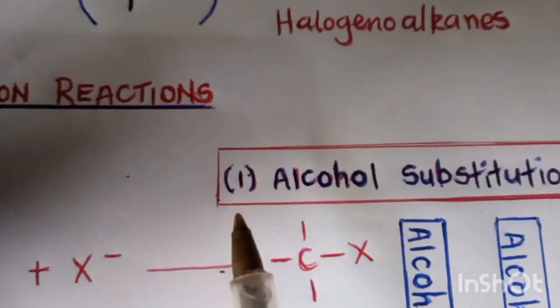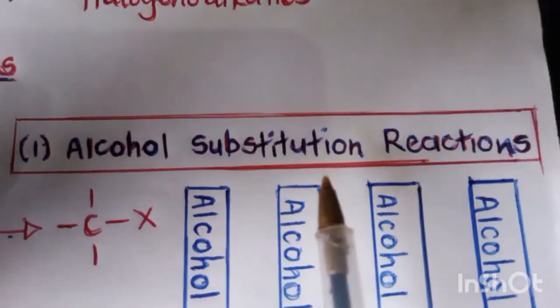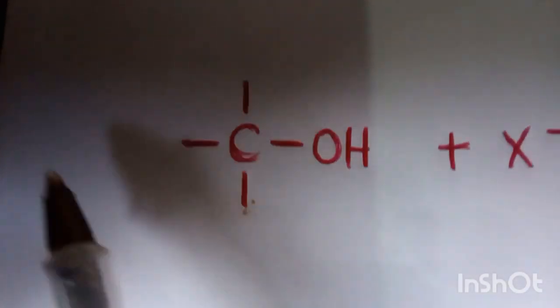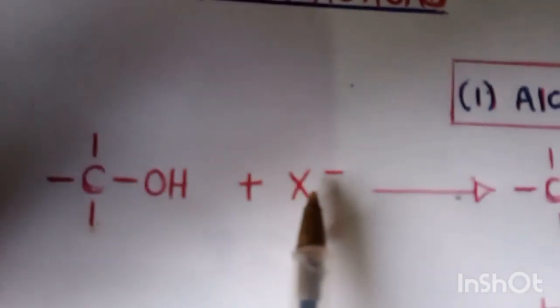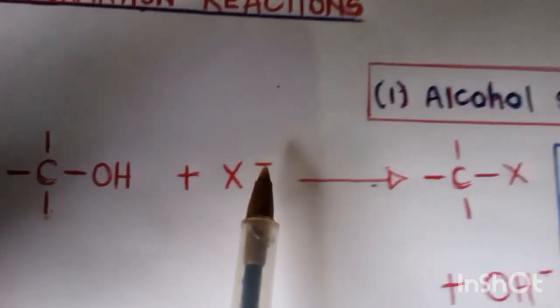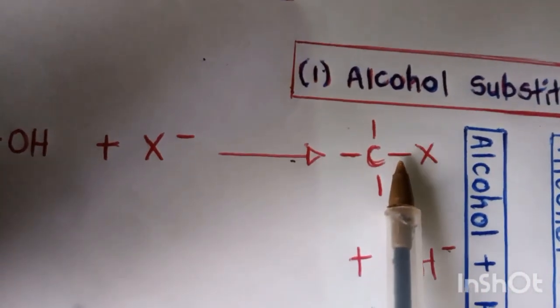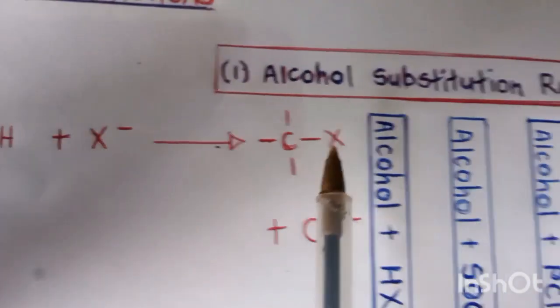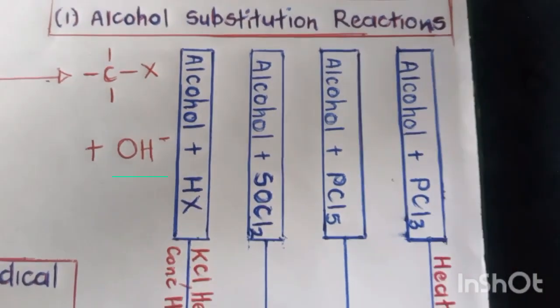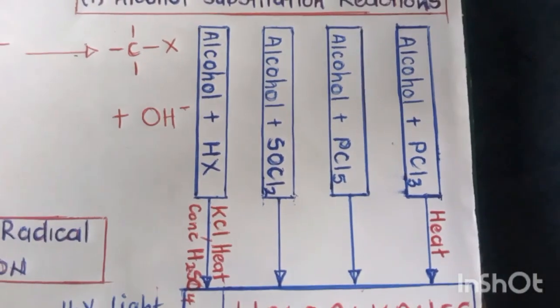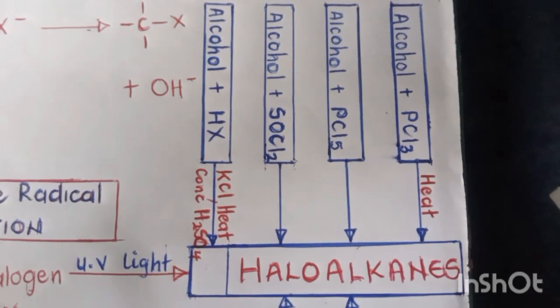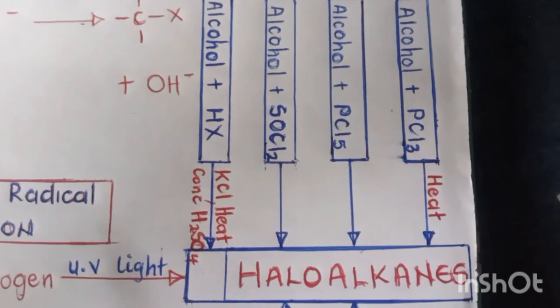In these alcohol substitution reactions, the OH group, known as the hydroxyl group, which is the functional group of alcohols, is replaced or substituted by a halogen atom to then give a haloalkane. So these are the different alcohol substitution reactions which will give a halogenoalkane or haloalkanes.